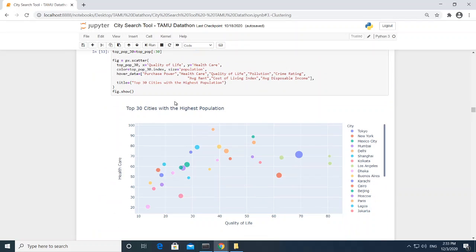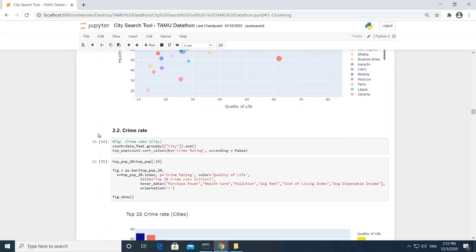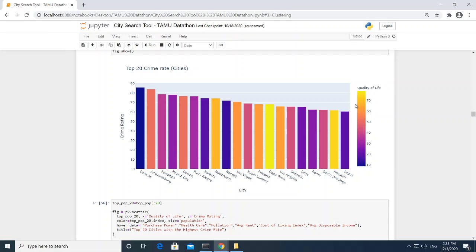And then we also did a scatter plot using two features, again to observe any pattern in the data. Again, we use PyPlot for this, because we also wanted to understand a little bit of the features associated with that specific city. So this is crime rate versus quality of life, using quality of life in our color bar.